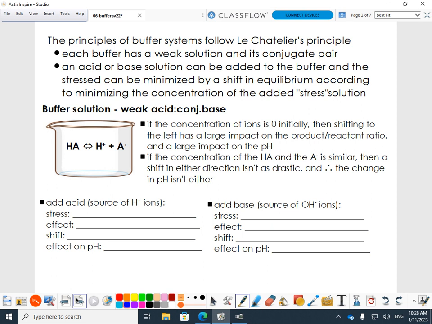Then we're going to add two possible stresses, either a strong acid or a strong base, which will be OH. If you don't use a strong substance as the stress, you have to do ICE twice, which is a lot more math and analysis than you can do within 75 minutes, including other questions. So we'll stick to a strong acid or strong base stress.